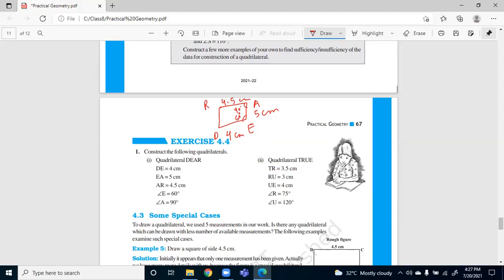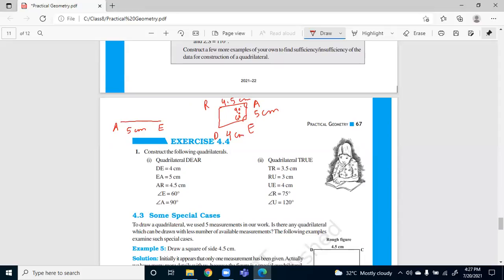Same thing I have adopted. Wherever I see two angles are given, that side I will draw first. So I will first draw AE, a line segment of length 5 centimeter, and I will name it AE.